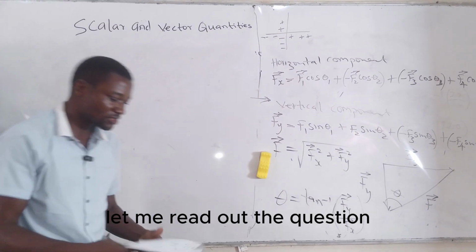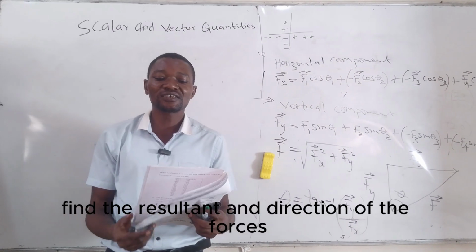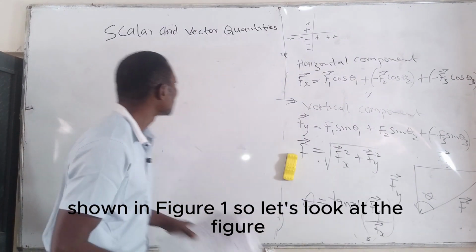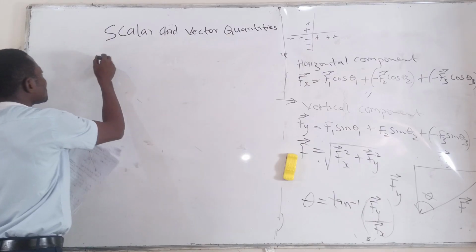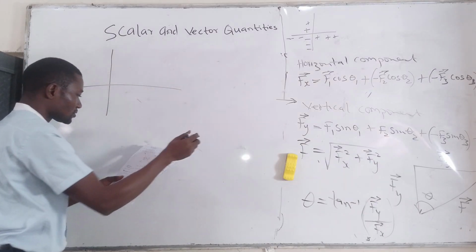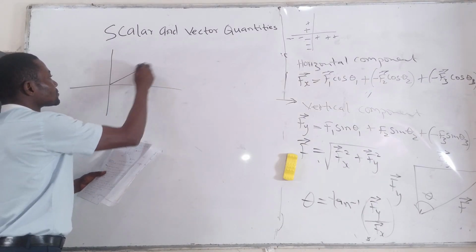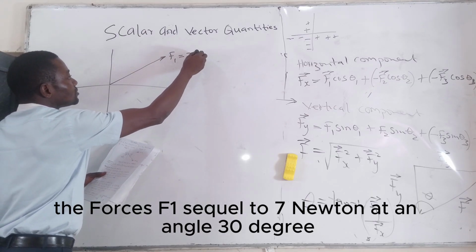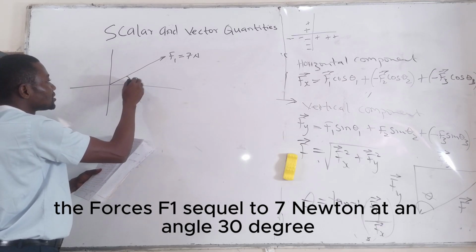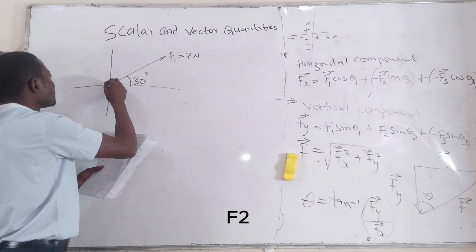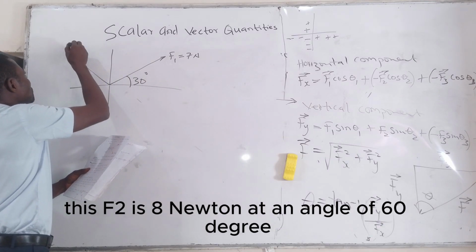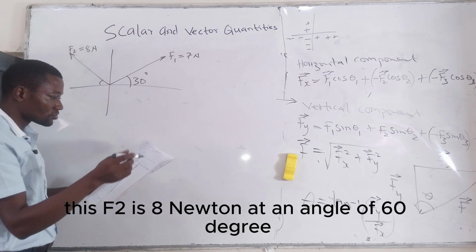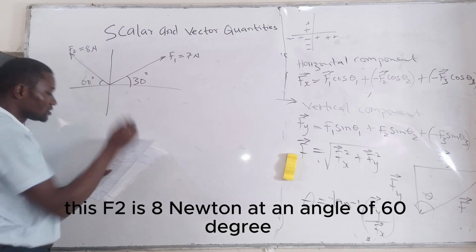Let me read out the question. Find the resultant and direction of the forces shown in figure 1. So let's look at the figure. This is figure 1. The force F1 is equal to 7 Newton at an angle of 30 degrees. F2 is 8 Newton at an angle of 60 degrees.